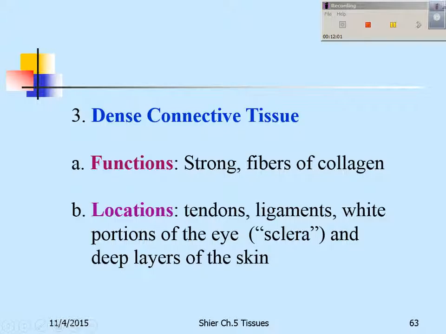Ligaments are going to connect bone to bone. Okay, so I want you to write that down. Tendons are muscle to bone, and ligaments are bone to bone.